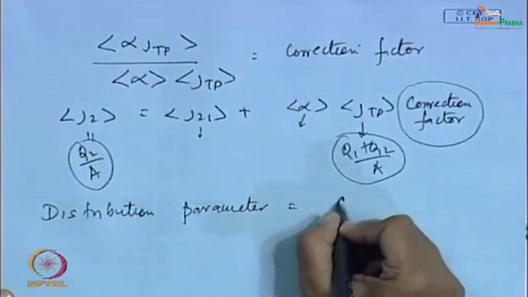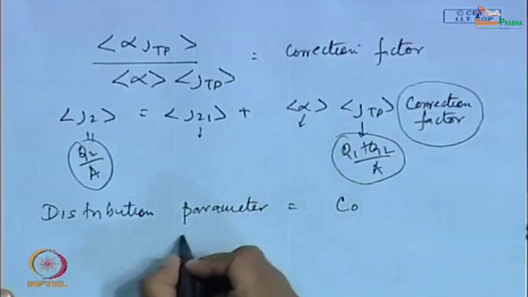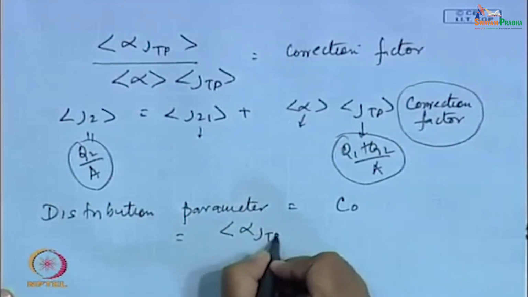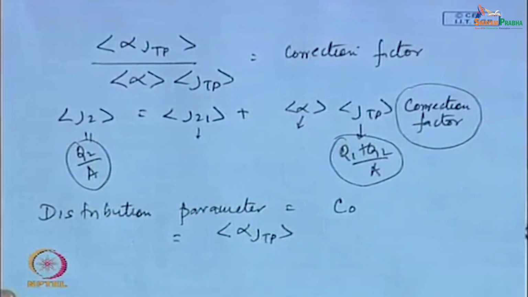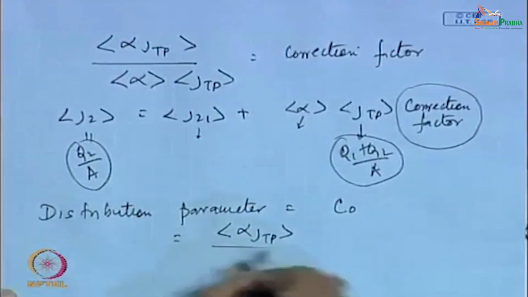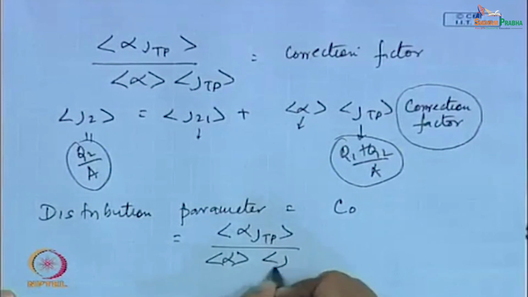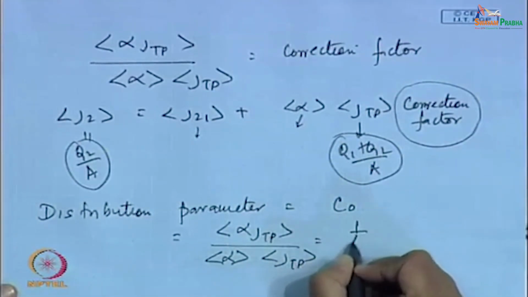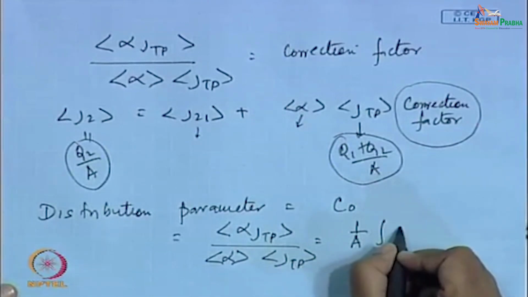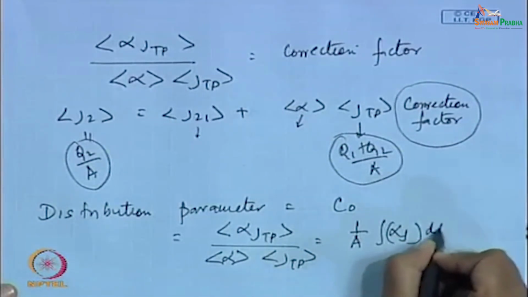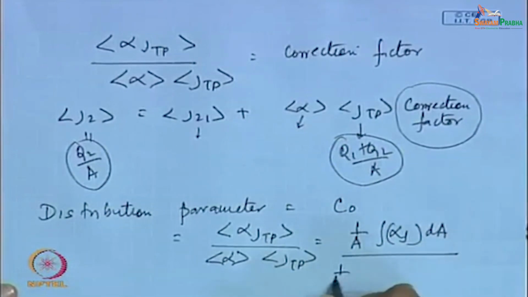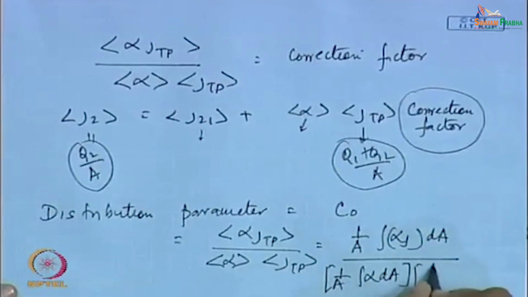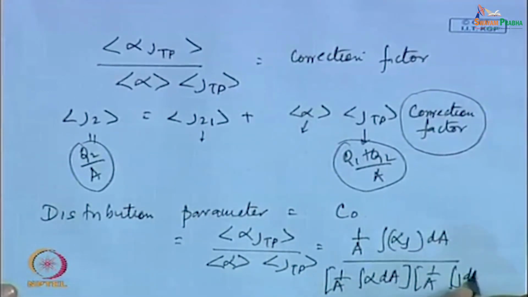This is defined as C0, which can be defined as alpha J by alpha times J. This is the definition, or in other words if you break it down, this is 1 by A integral alpha j dA divided by 1 by A integral alpha dA into 1 by A integral j dA.